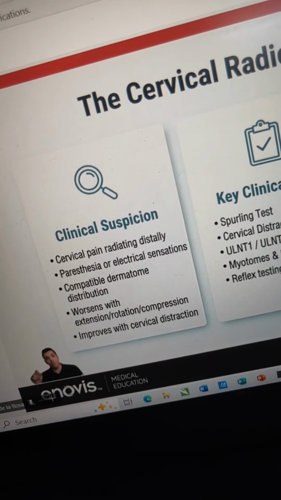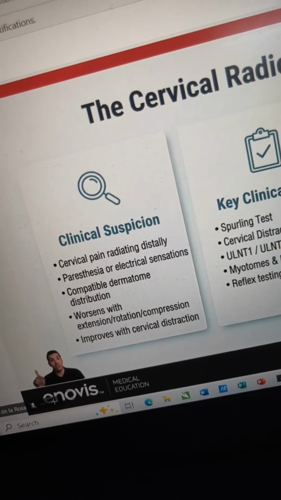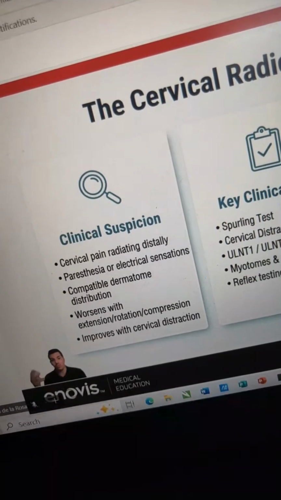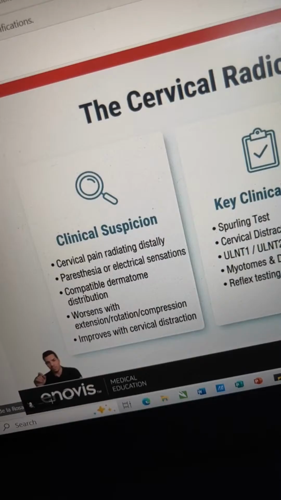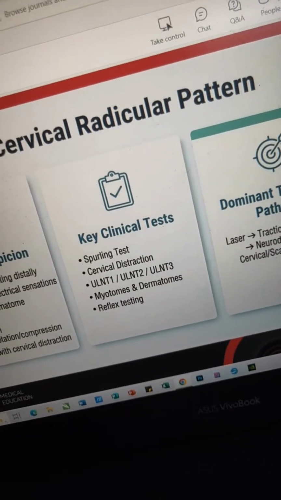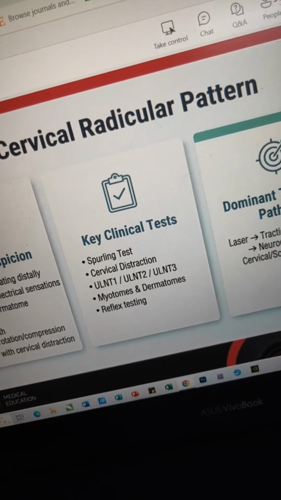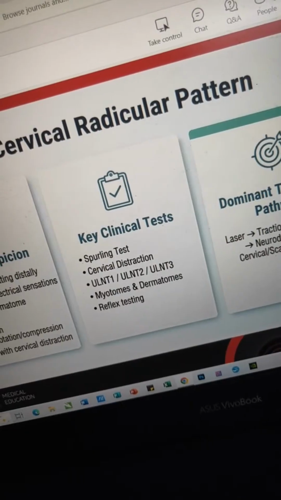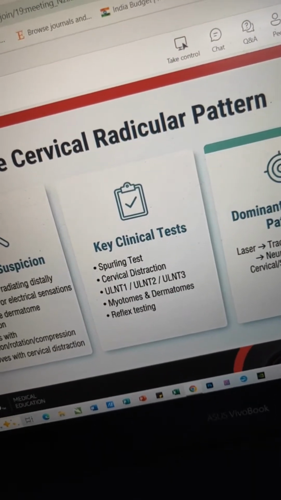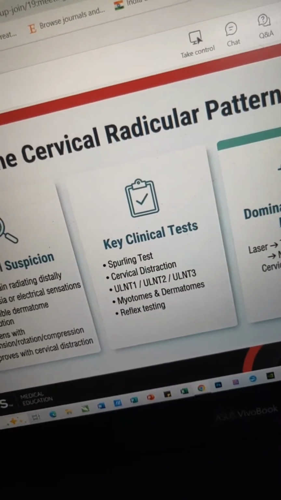Normally, the symptoms will worsen with extension and rotation or cervical compression and should improve with distraction. The clinical tests we're going to use here in this differential diagnosis would be the Spurling's test, cervical distraction, upper limb neurodynamic tests, and the assessment of dermatomes, myotomes, and reflexes themselves.